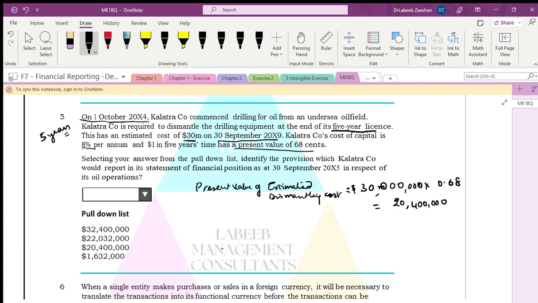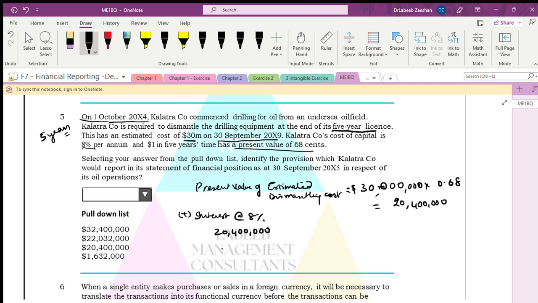On this you have to add the interest, at the rate of 8%. Interest at the rate of 8%.